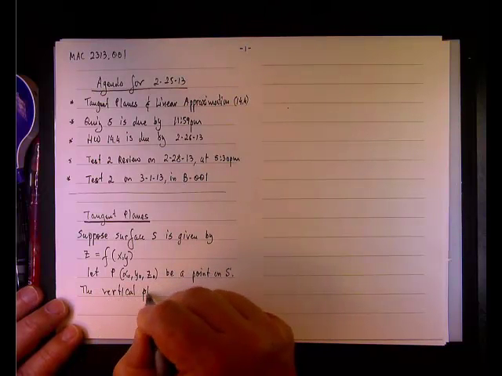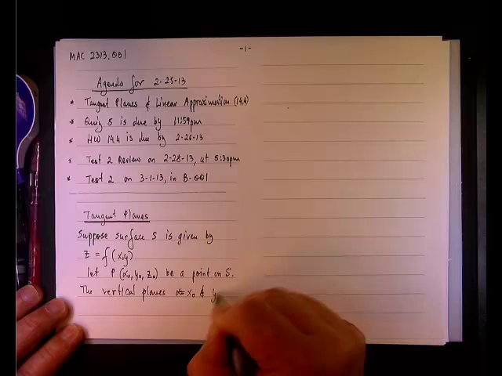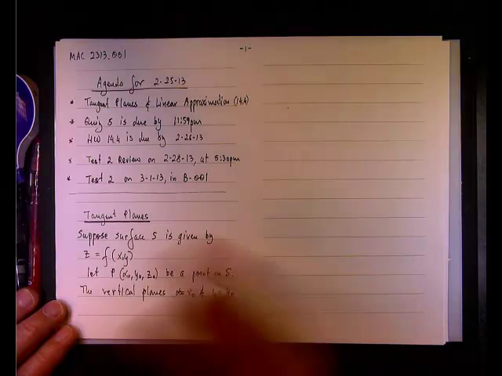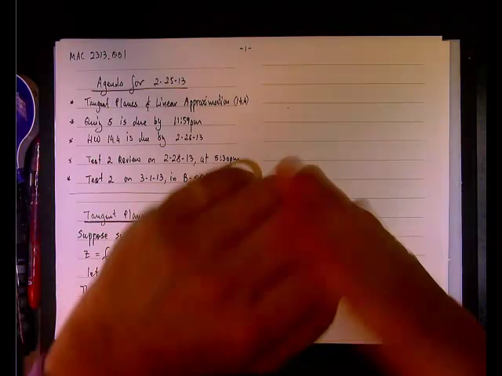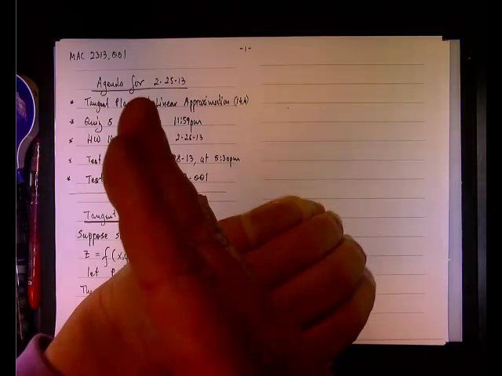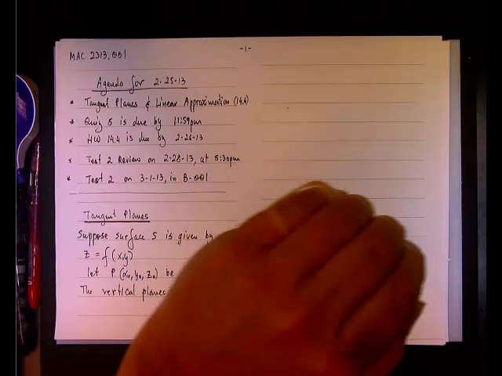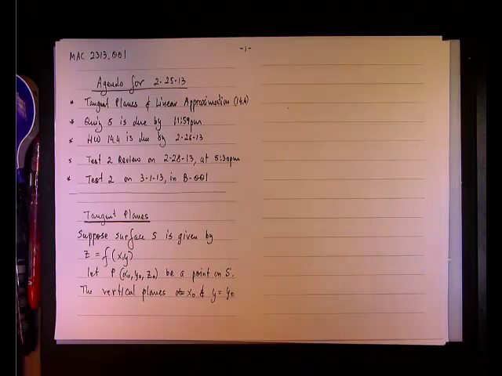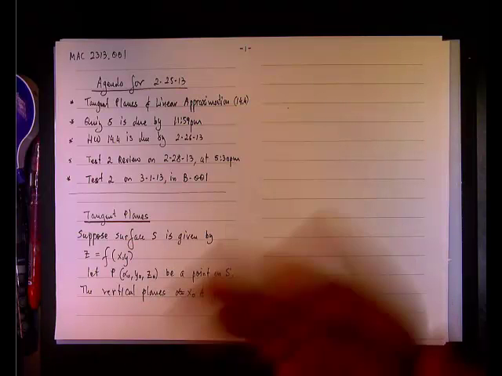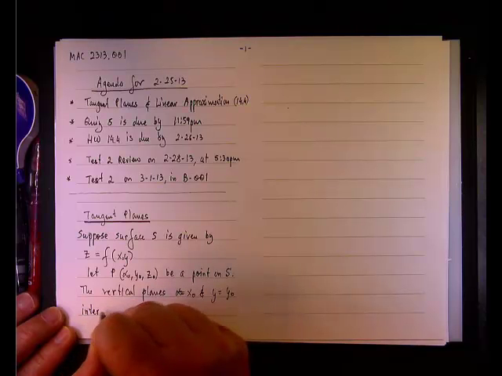We're going to say that the vertical planes x equals x sub 0 and y equals y sub 0 intersect S. If you have a surface and you have a vertical plane, let's say this is x equal a constant, this will be y equal a constant, then as they intersect, we trace a curve, and each vertical plane will have its own curve.